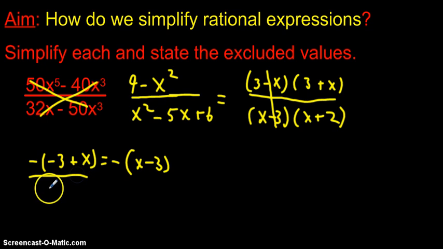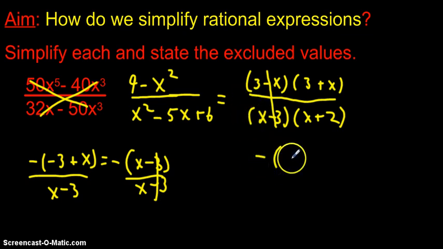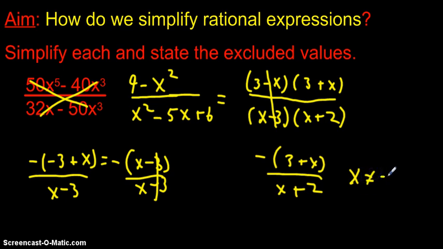So, looking at it this way, you can see why canceling these opposites would generate a negative 1. So that's now negative 3 plus x over x plus 2. By canceling out this denominator, we've eliminated negative 3 as a possible entry into this expression.